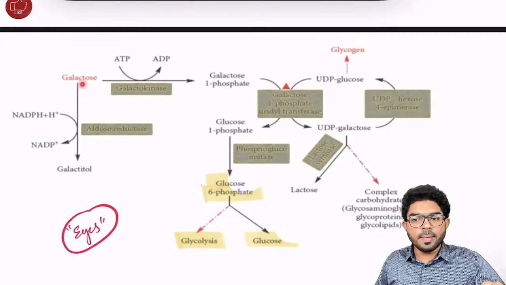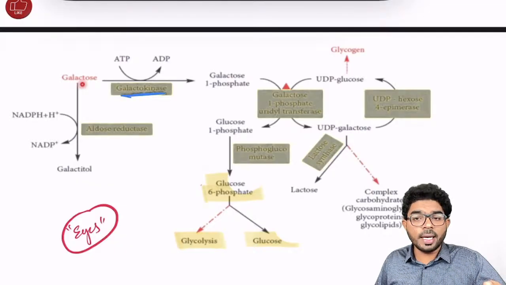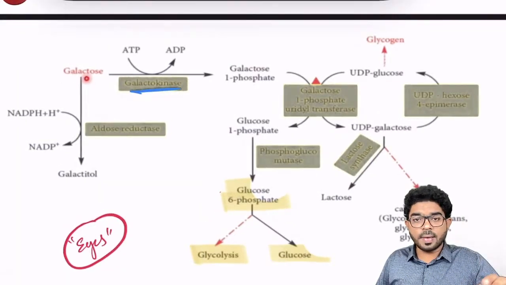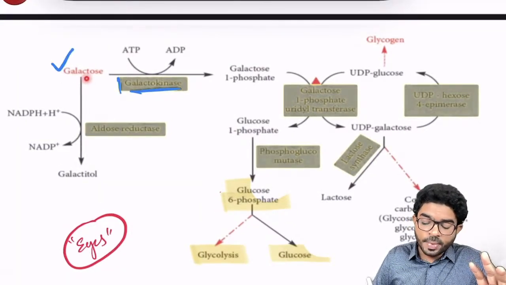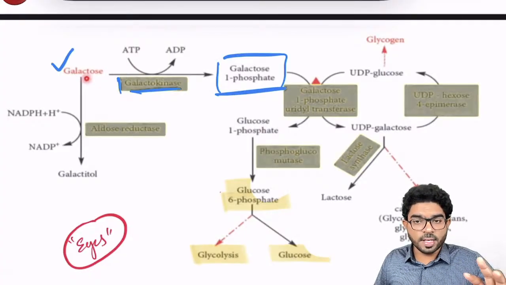So we know glucose in glycolysis is acted on in the presence of glucokinase or hexokinase. Here, regularly, if it is glucose, we'll be getting glucokinase or hexokinase. With the help of glucokinase or hexokinase, it starts the reaction. Galactose, with the help of galactokinase, is going to give our first product, called galactose 1-phosphate.